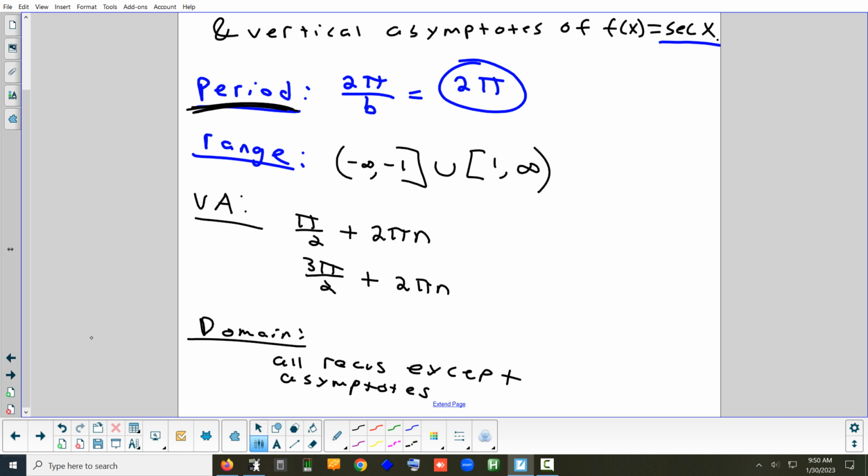How would you write that if it was on one of the tests? Yeah, just like that. There's no way to write it as intervals because there's infinitely many. So we're just going to write it in words. That's the easiest way to say it. Okay, so that's secant.